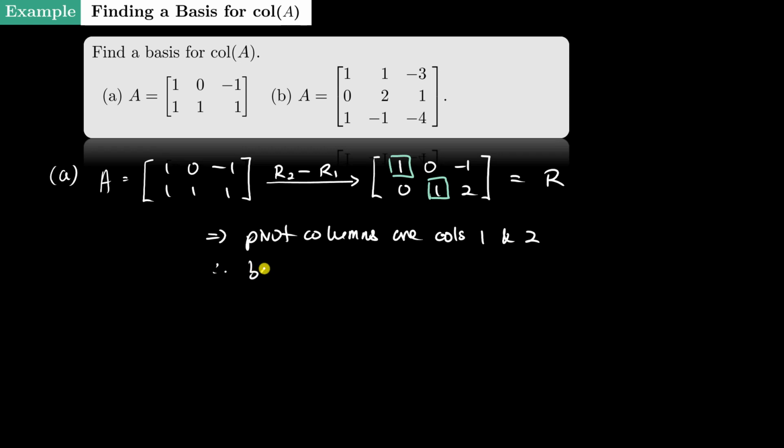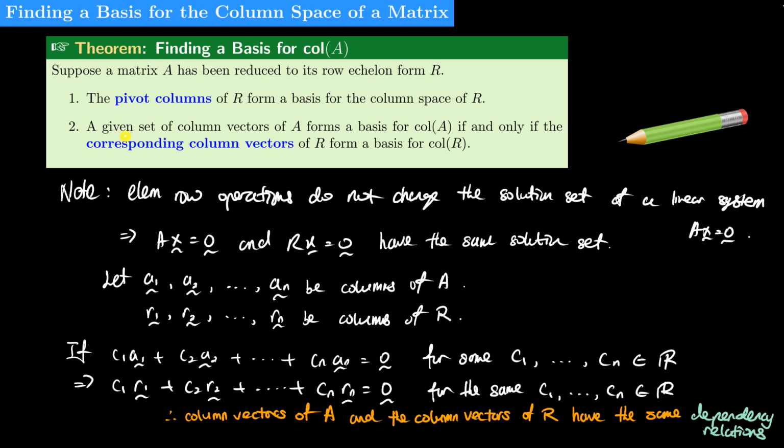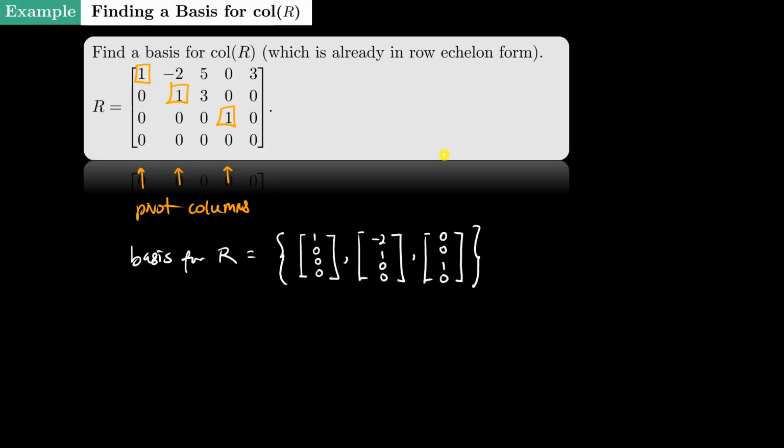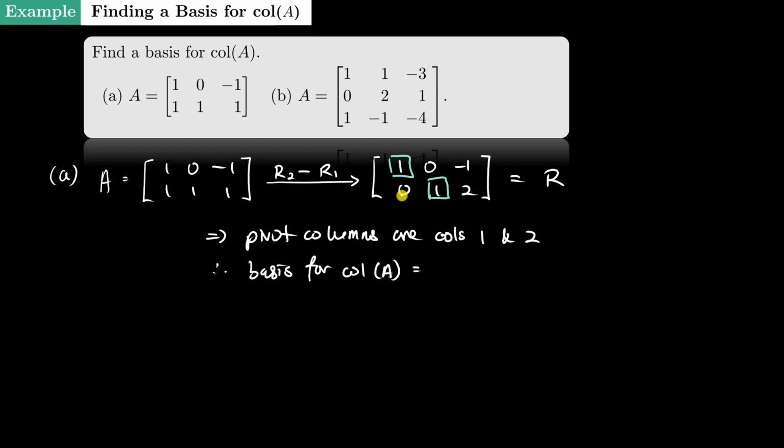Therefore, a basis for the column space of A is, according to what we have just learned, the given set of column vectors of A form a basis for the column space of A if and only if the corresponding column vectors of R form a basis for the column space of R. So now we know that these two column vectors form a basis for the column space of R, and these are the first and the second columns.